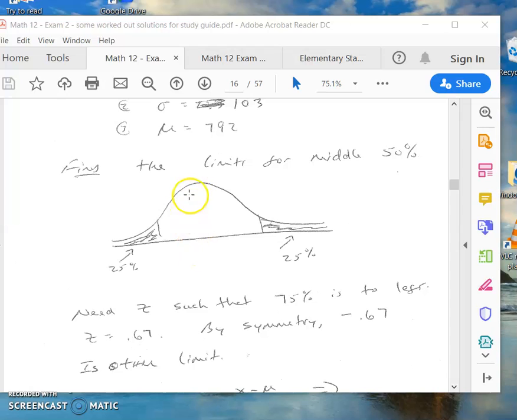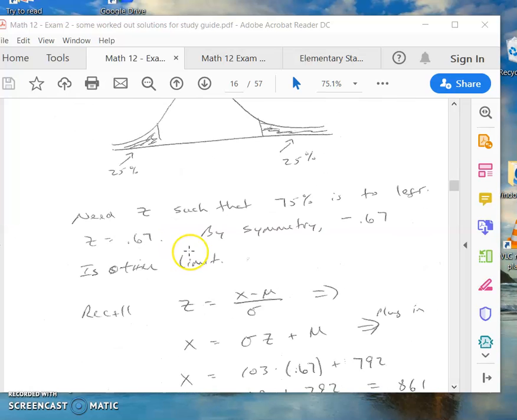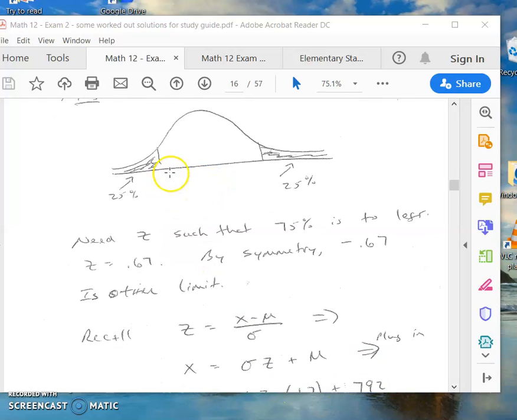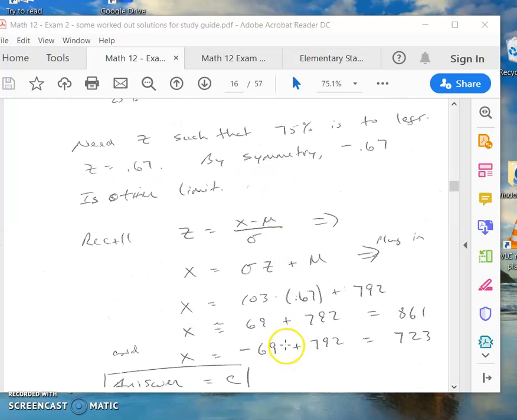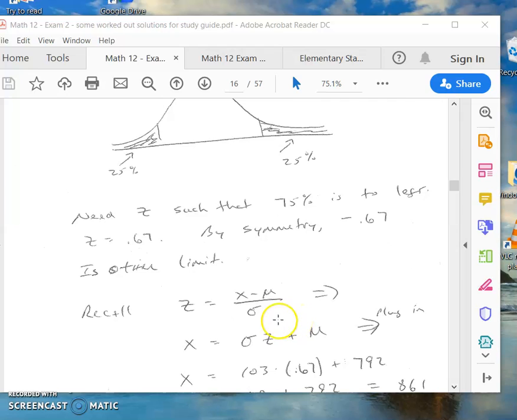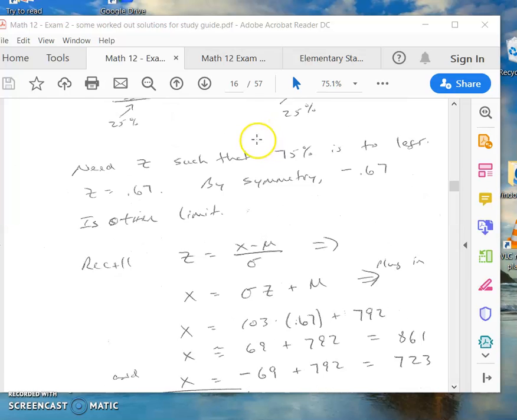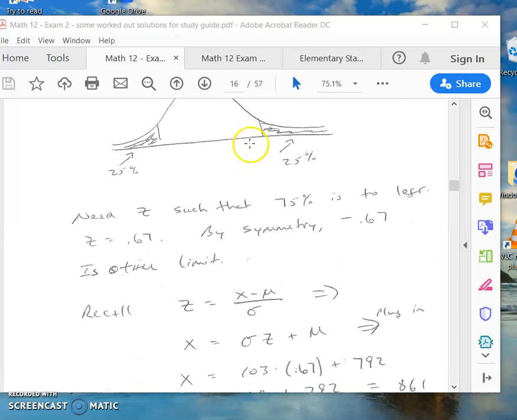If this is 792 and this is 723, it looks about right, because to the left of mu is 50%, so to the left of 723 sounds like it's about 25%. Same thing over here. If mu is 792, and this guy right here is 861, I wish I would have labeled this. You have to do it on your own papers. That looks about right. So it passes the sanity check.